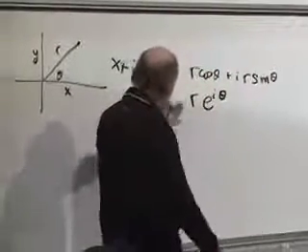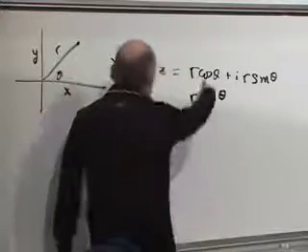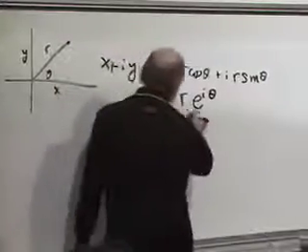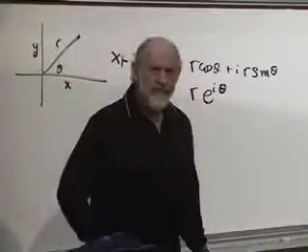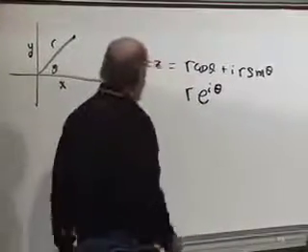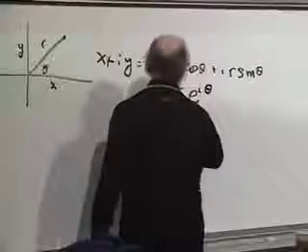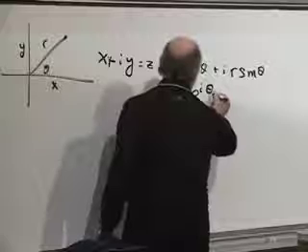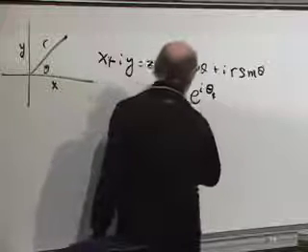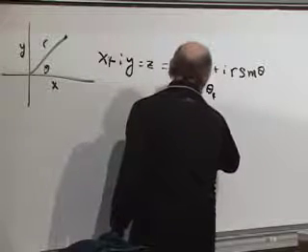So if we had two complex numbers, let's call one of them r1 e to the i theta 1, and another complex number, r2 e to the i theta 2.